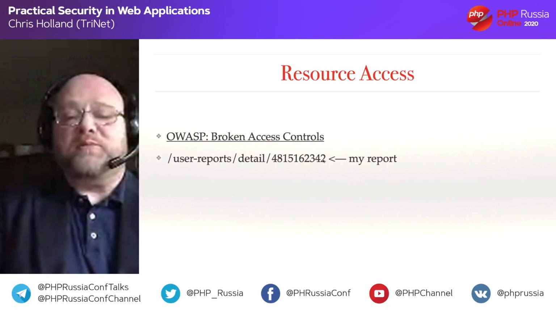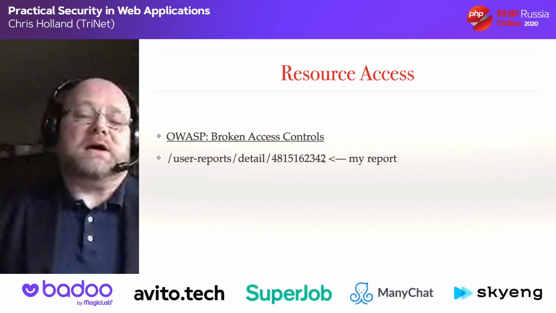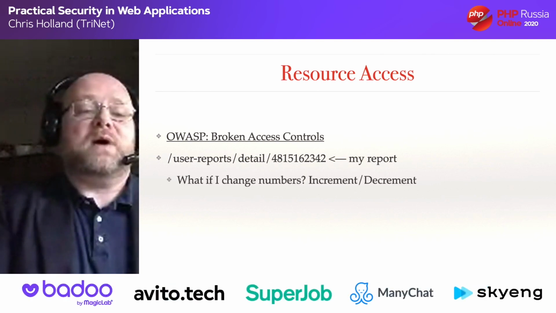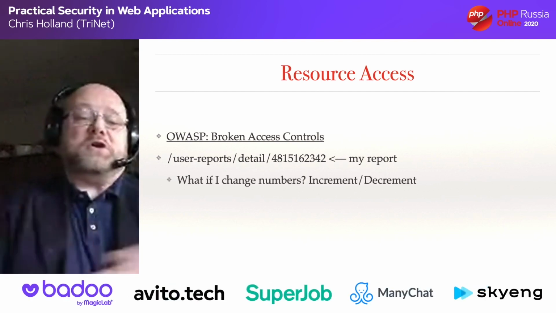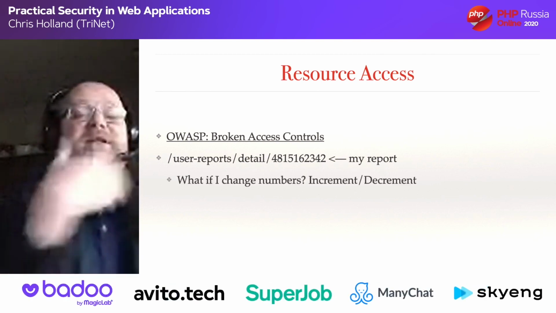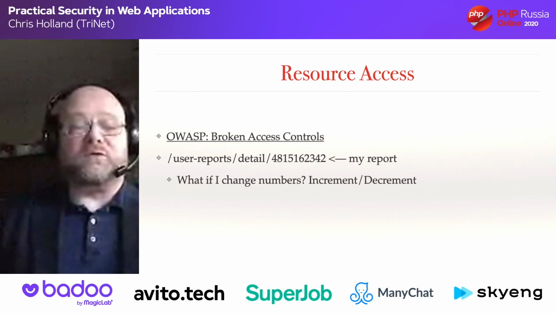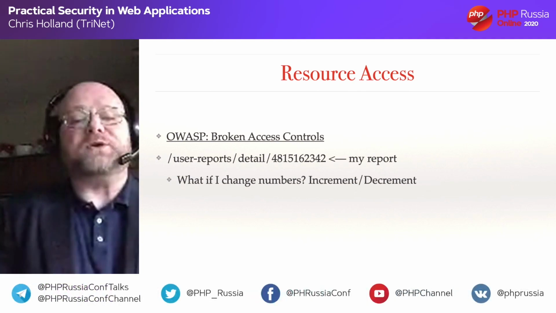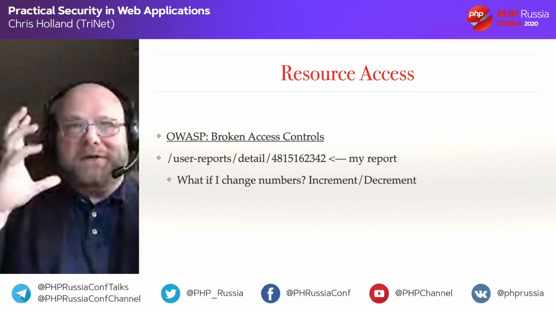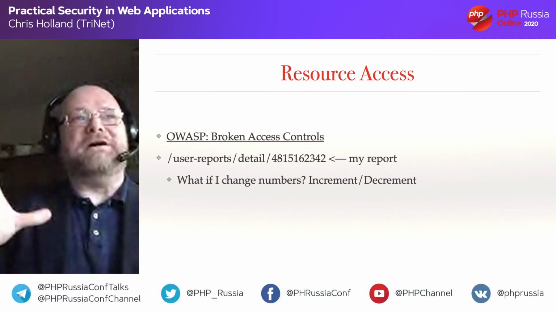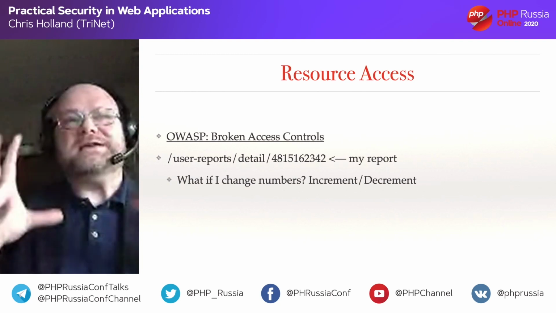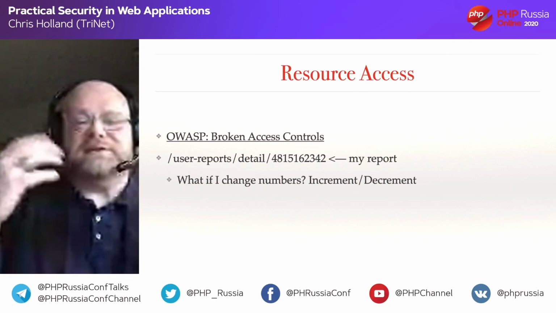But assuming this is my report and I see an integer in the URL and I wonder what happens if I change the number, if I increment it. Am I going to see somebody else's report? This is something that gets very easily overlooked, and it's very important to always be mindful of who is supposed to be able to see this resource.